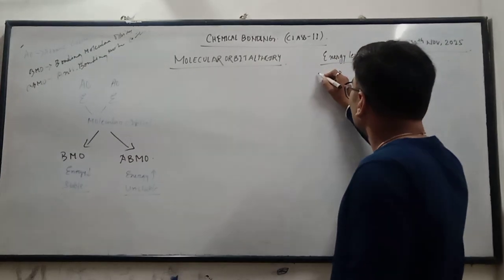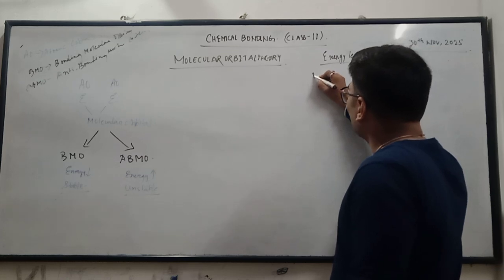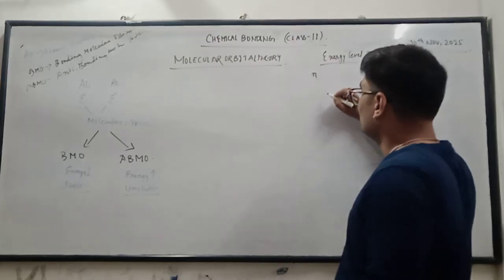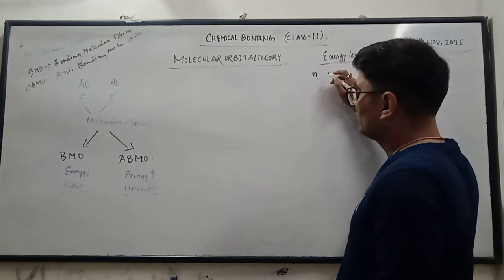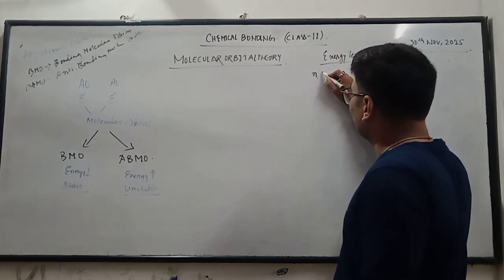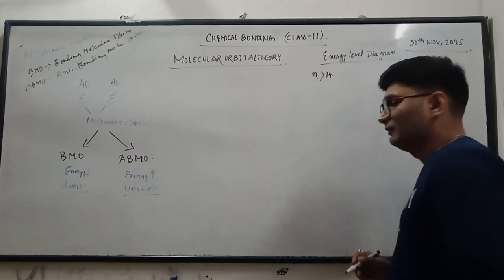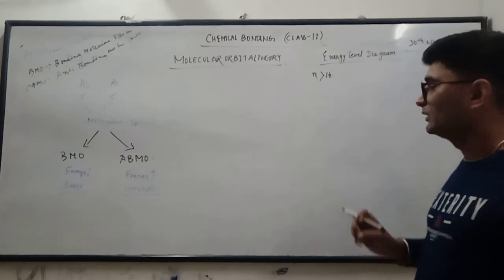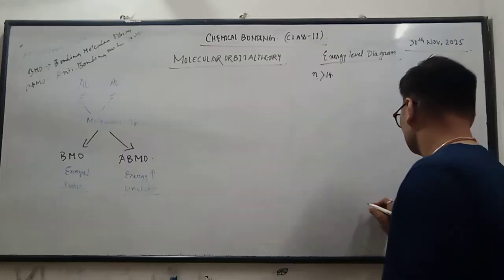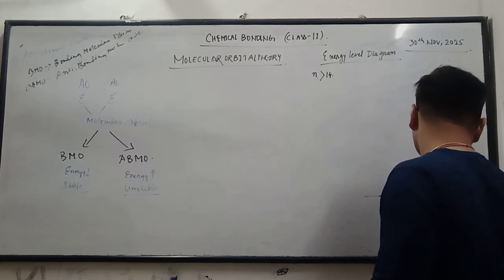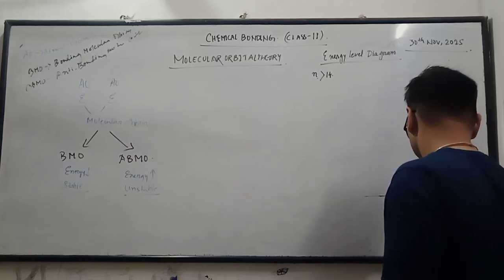Let n be the total number of electrons. For better understanding, we take 14 as a basic example. If n is greater than 14, then I can give a basic energy level diagram like this.